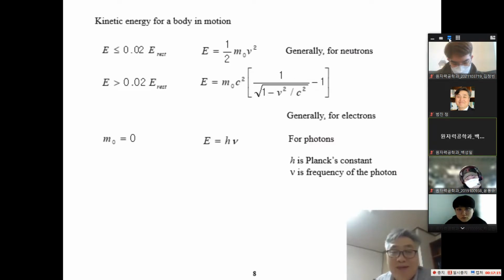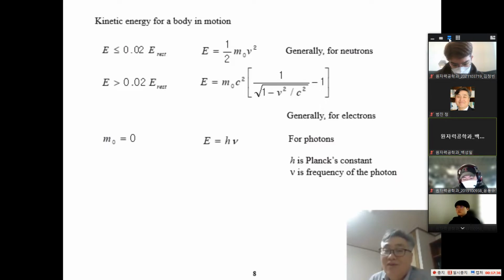That is just the classical definition of kinetic energy. So for a very slow particle, we use just the classical definition of kinetic energy, half mv squared.